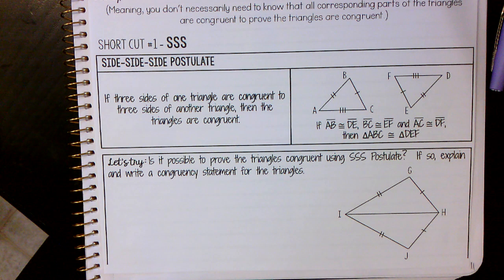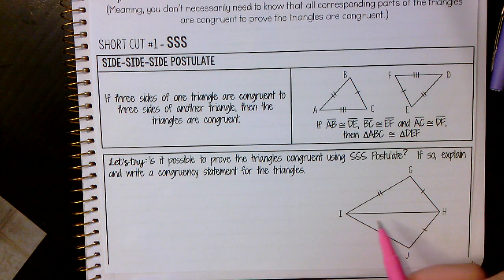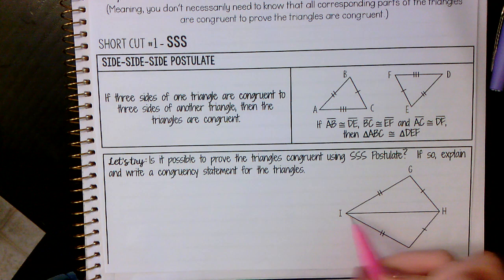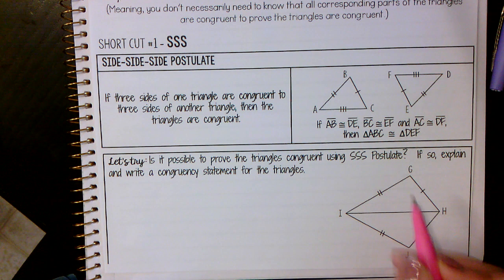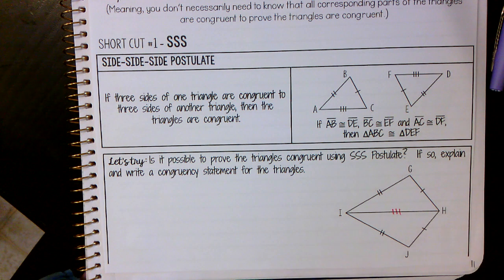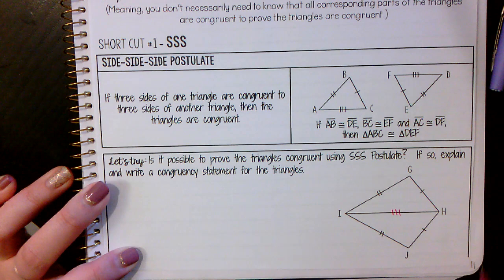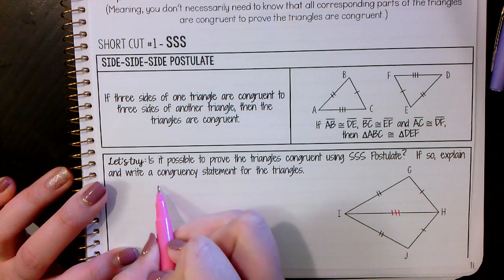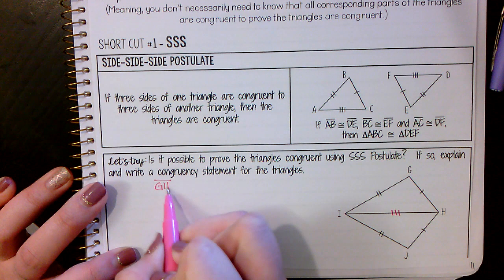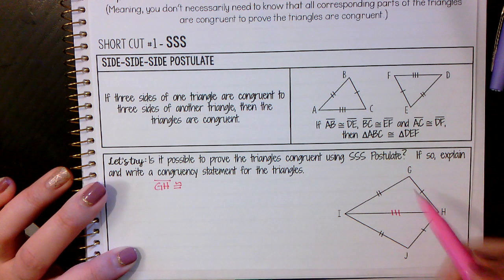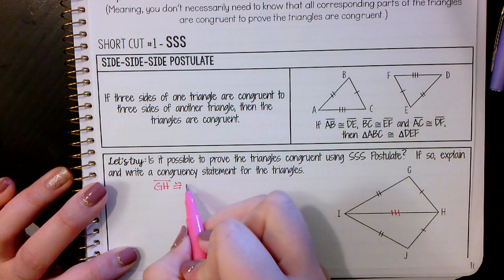Let me get a pen here. If we look, anytime triangles share a side, that means it's exactly the same. You can't share it if one of them is different. So this HI side is the same for both triangles. So I'm going to put 3 lines through it just so I can physically see that. So what we're going to say is GH right here is congruent to HJ.